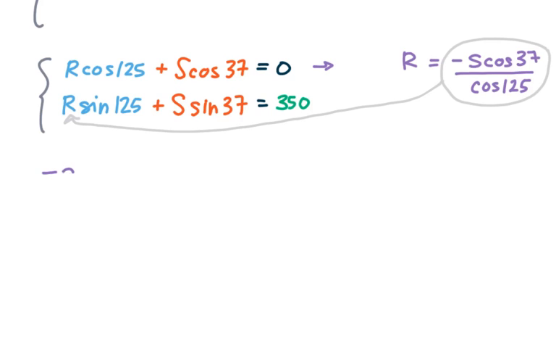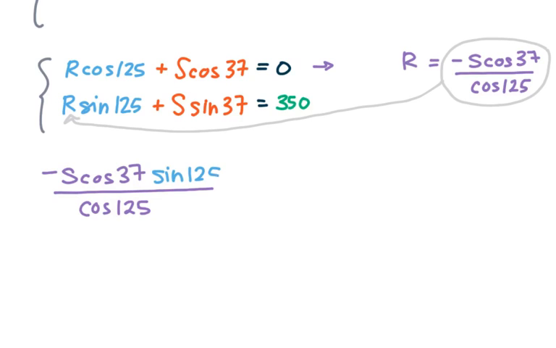So this is negative S cosine 37 over cosine 125, and then that sine 125 will just end up in the numerator. We still have plus S times the sine of 37 equals 350.